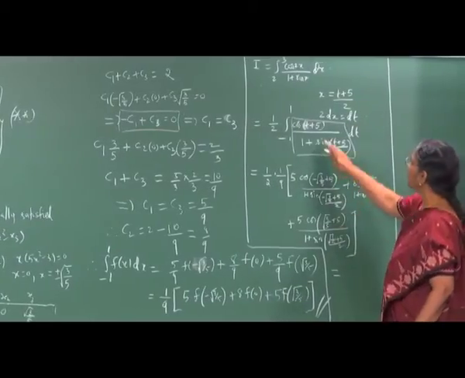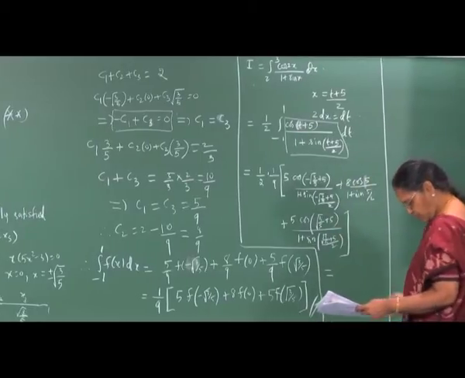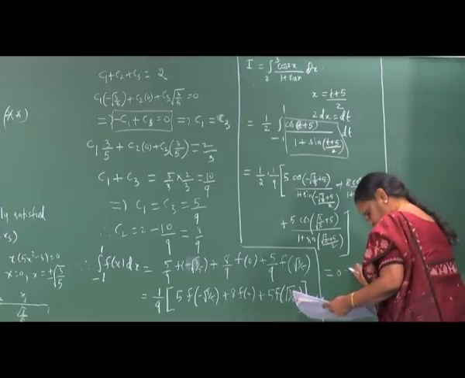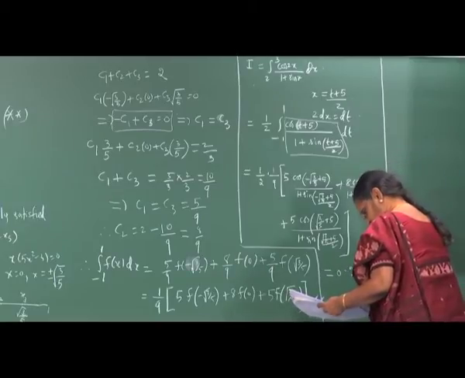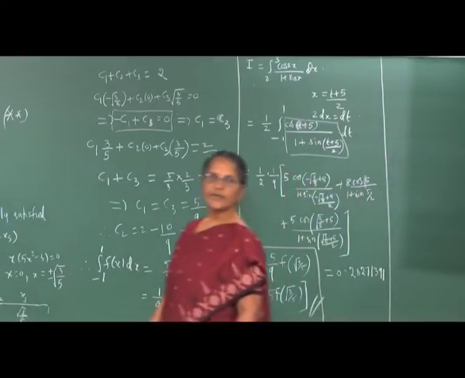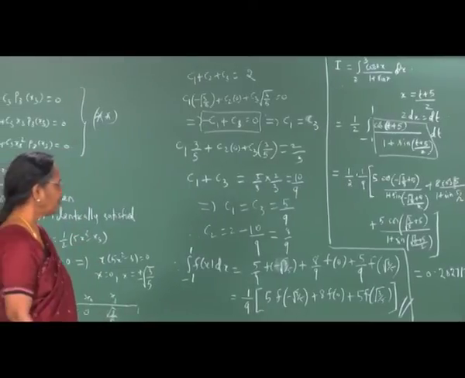You can get these values and show that this turns out to be 0.20271391. So, that is the value of the integral when you use a 3-point Gaussian method.